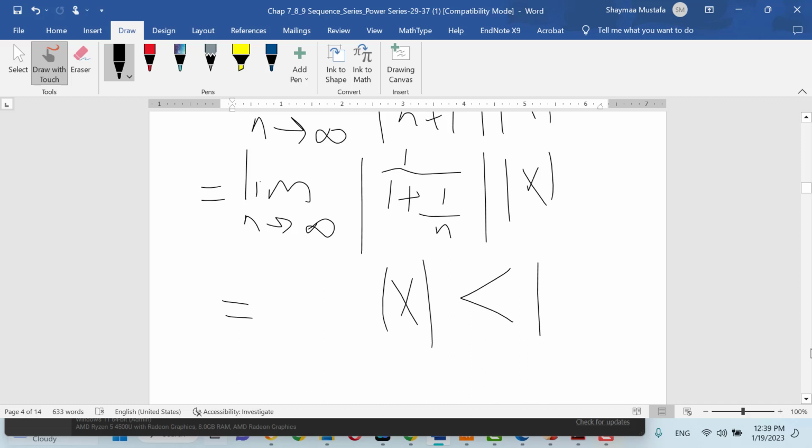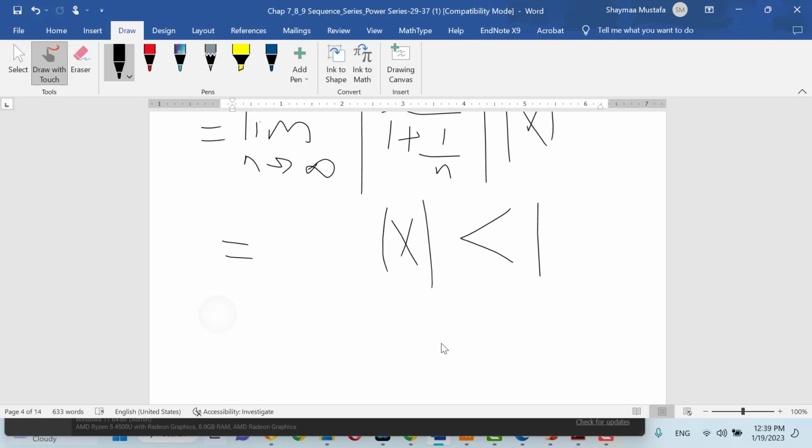We need to find where the absolute value of x is less than 1. Then the limit will be less than 1, the ratio test converges, and the series will converge.